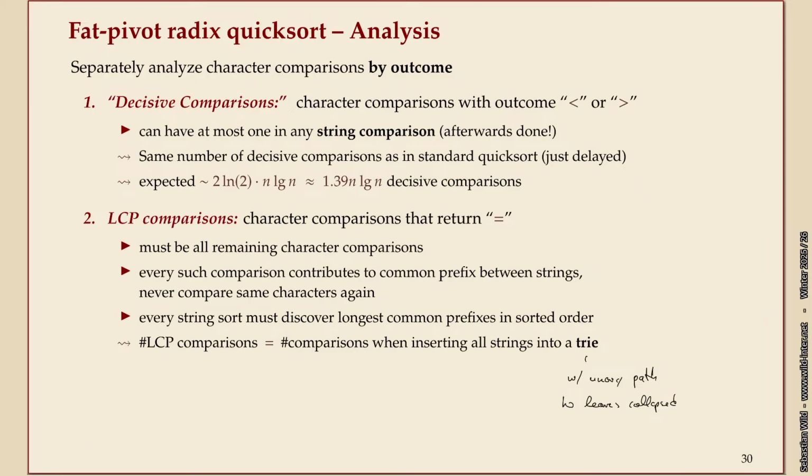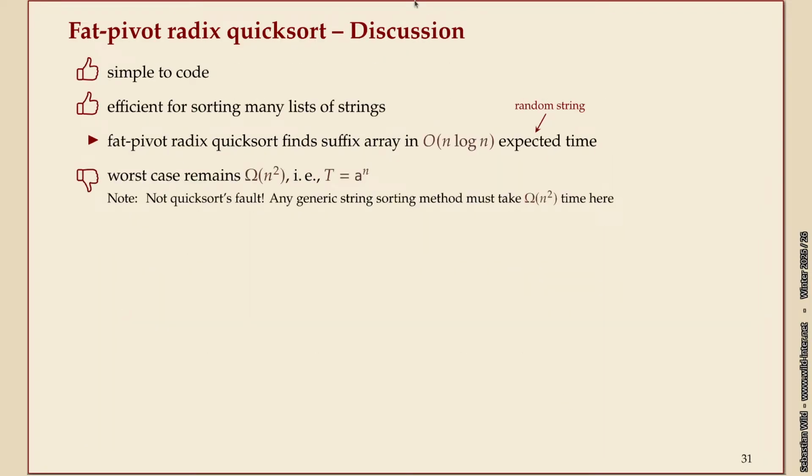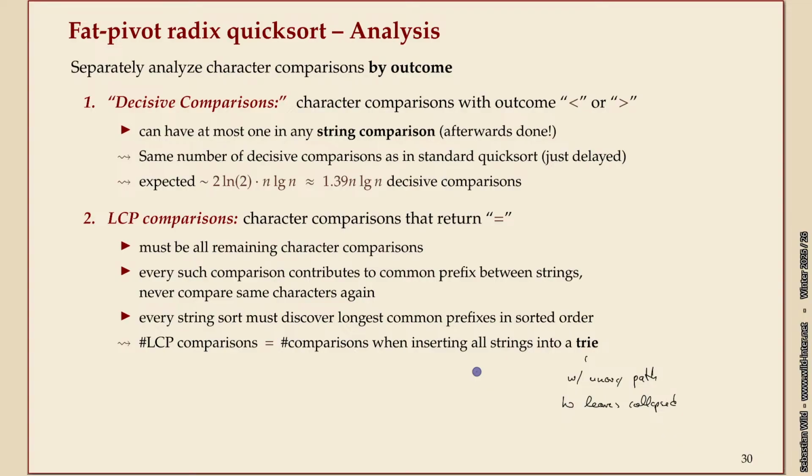Which means that that number of comparisons is needed by any string sorting algorithm. So the number of these is kind of optimal even without doing much, as long as you don't repeatedly compare things. And the other number we can bound by another analysis.